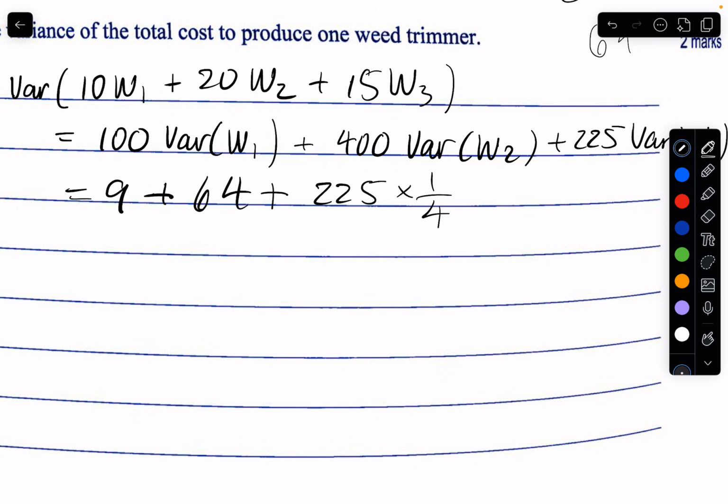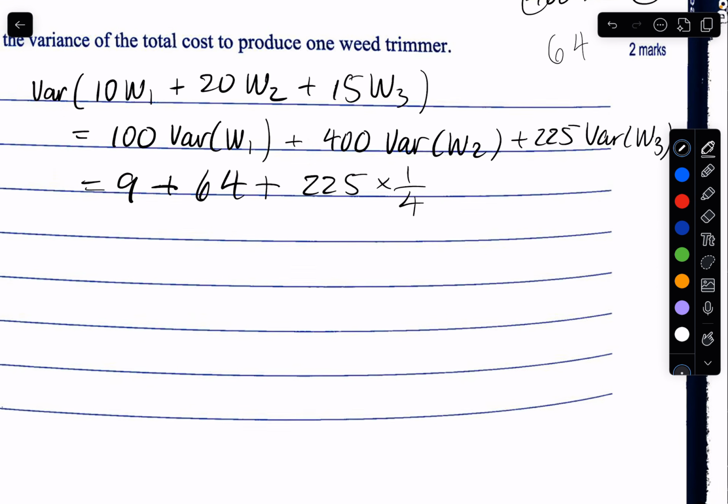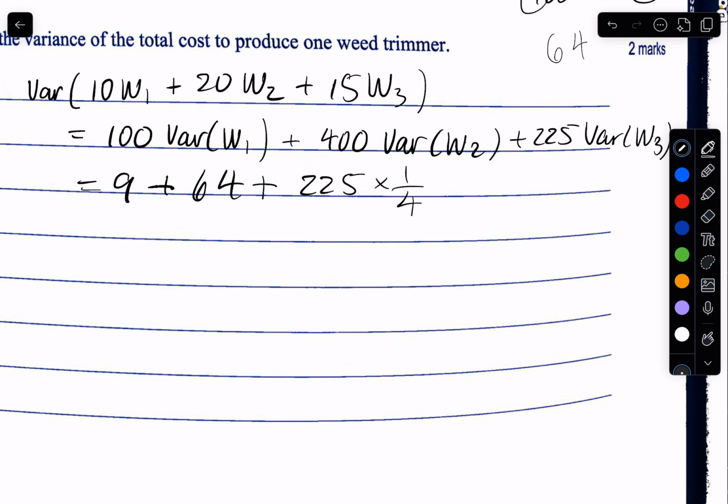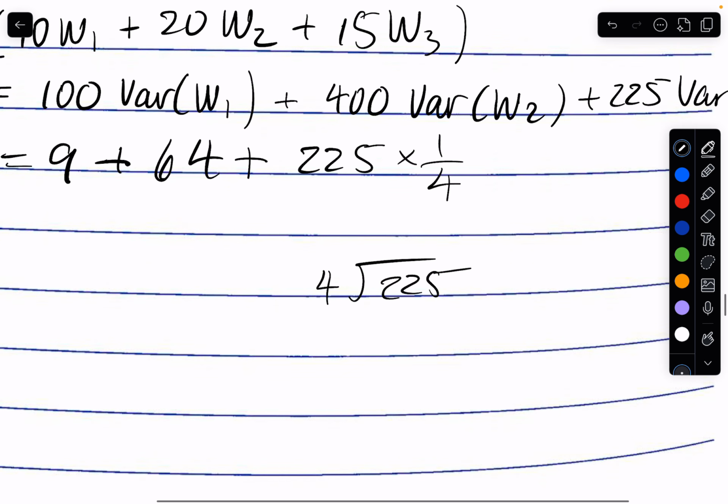4 doesn't go into that. Okay, so 4 into 225 is 56.25.